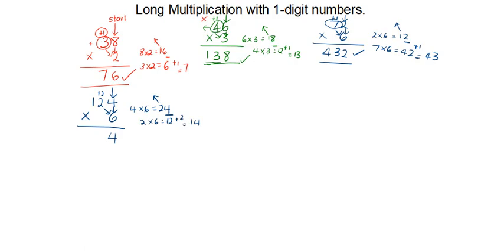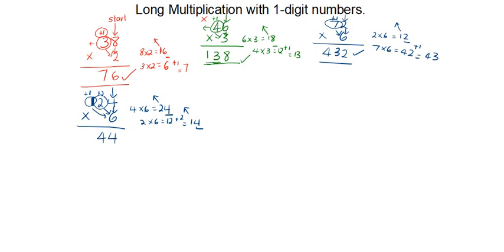Now we can see that after we multiply with the 2, we still have the number 1 that we have to multiply with. So we cannot write 14. Again, we're going to write the 4 down, and we're going to carry the 1 to the next column, because we still have to multiply the 1 by the 6.